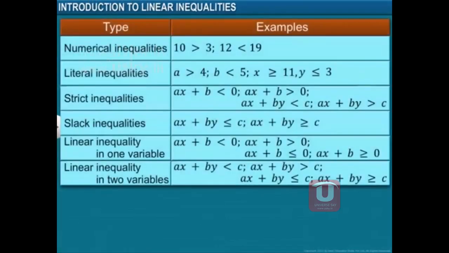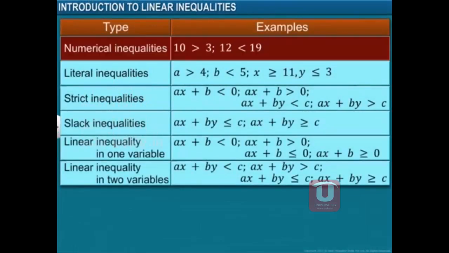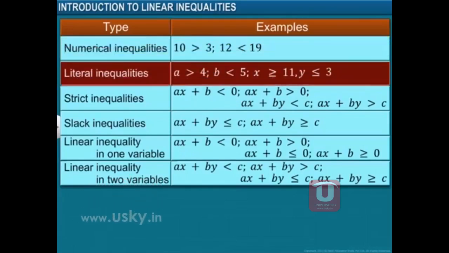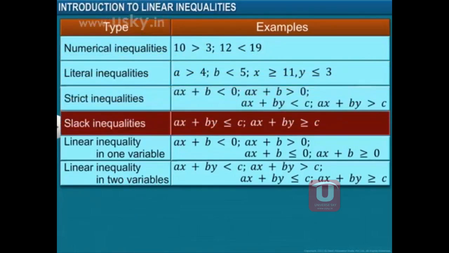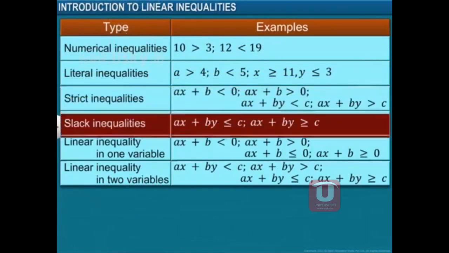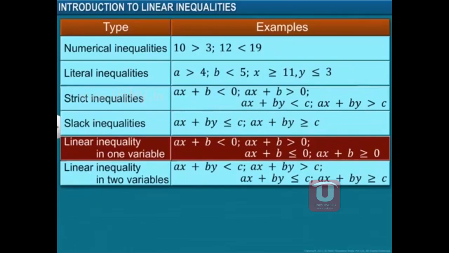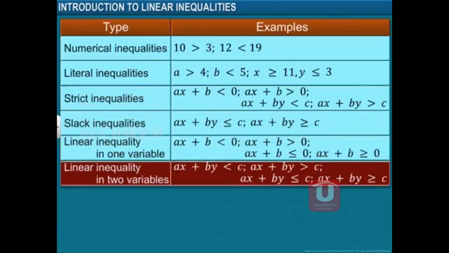There exist different types of inequalities, such as numerical inequalities, literal inequalities, strict inequalities, slack inequalities, linear inequality in one variable, linear inequality in two variables, etc.